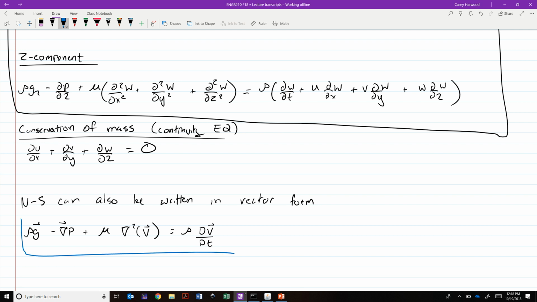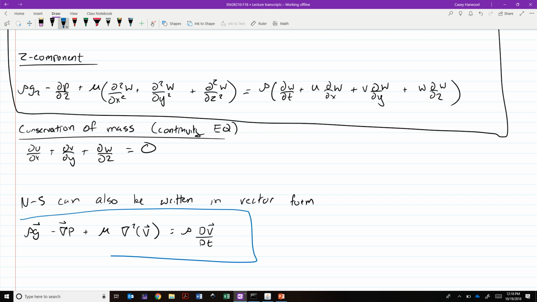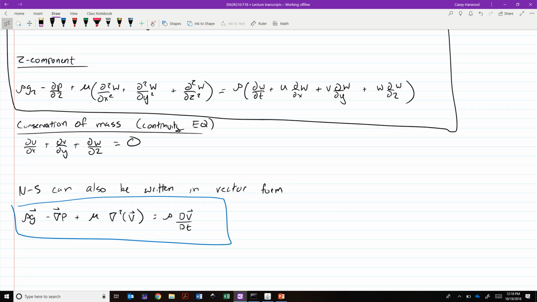So this now is capturing all three of the Navier-Stokes equations that we wrote above for the x, y, and z components. But of course, the fact that it's in vector form makes it a lot harder to actually understand. It just sort of hides the complexity of the equations. It makes it look quite simple, actually.